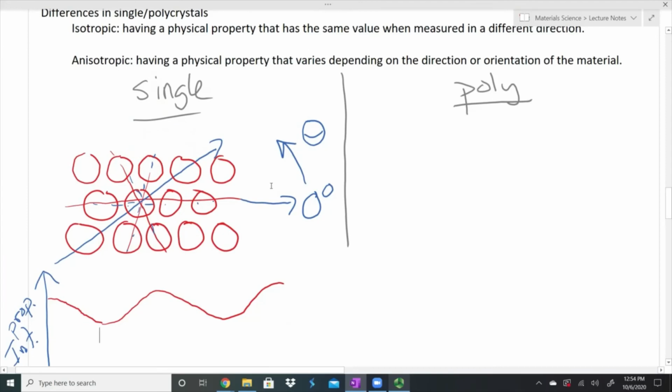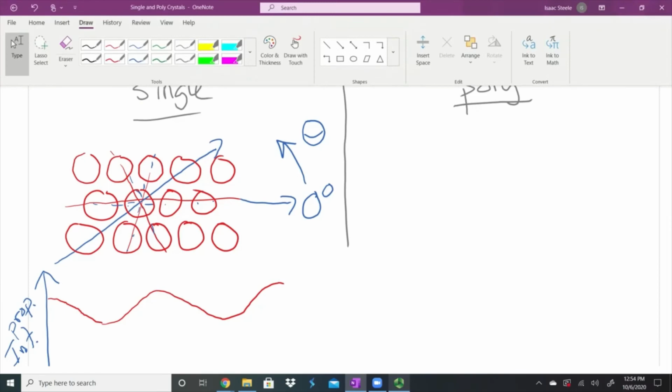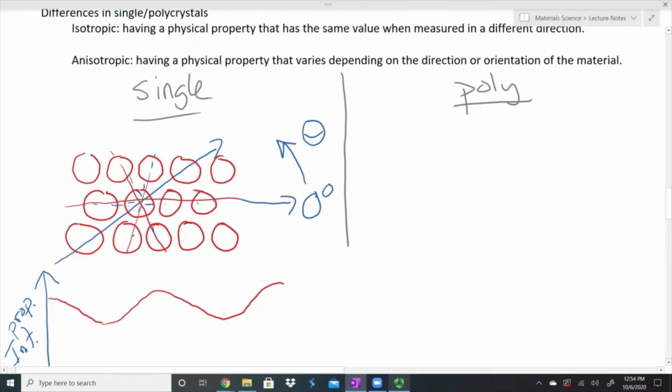Now, if we have a polycrystal, we're not going to get this same picture. I'm going to have a material. I'm going to zoom out a little bit because it's very difficult to draw polycrystals with all these circles and show that we have a polycrystal.